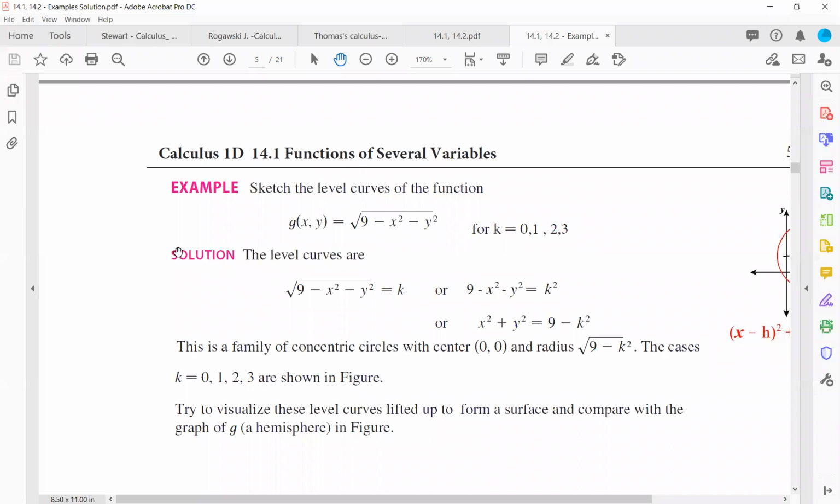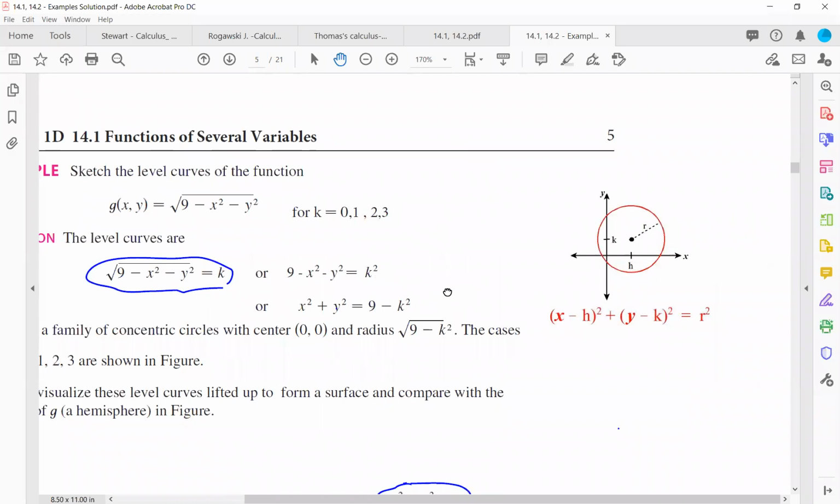Very well, we take the function and we set it equal to k to find level curves of the function. First of all, we can write this in a nicer format because we have x squared and y squared inside the radical. We can raise both sides to the power 2 and we get 9 minus x squared minus y squared equals k squared. Eventually, x squared plus y squared is 9 minus k squared.